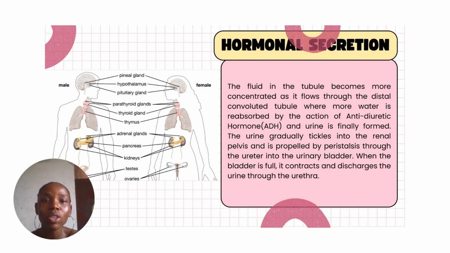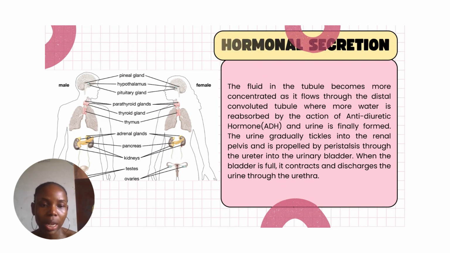Then the urine gradually trickles into the renal pelvis, and it is propelled by peristaltic movement through the ureter into the urinary bladder. When the bladder is full, it contracts and discharges the urine via the urethra.